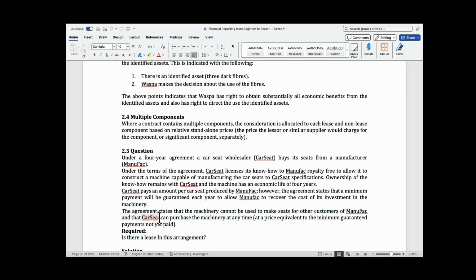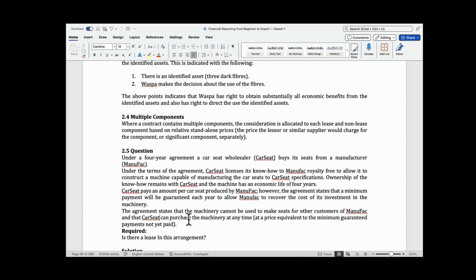So it's really car seat that is using the asset. And it's car seat that is even directing the use. It is the one that has even originated how the asset will be manufactured, how it can be produced. So it is directing the use of the asset. So it has right to control. So there is a lease in this contract.